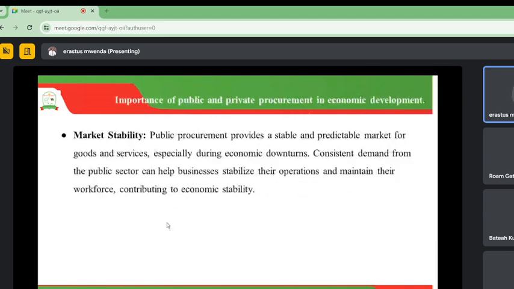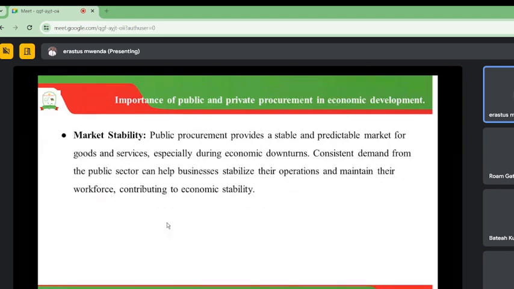Another importance is to aid in market stability. Public procurement provides a stable and predictable market for goods and services, especially during economic downturns.